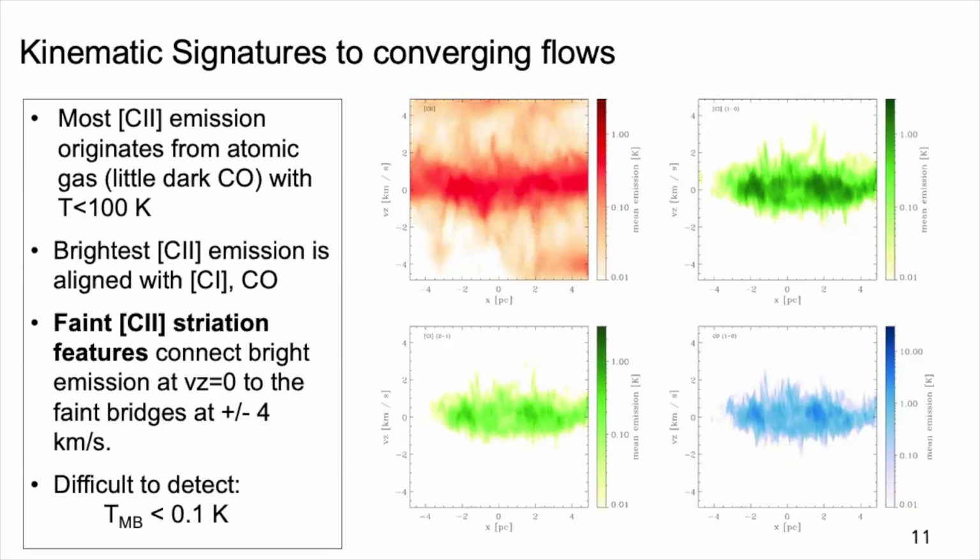You don't see those striation features in the C1 or the CO because that's where the material is falling onto. But in their paper, they said this is going to be really hard to detect. The antenna brightness temperature of this CNM gas in these striations is less than 0.1 Kelvin. So you have to integrate down to 0.03 Kelvin just to get a 3 sigma detection.